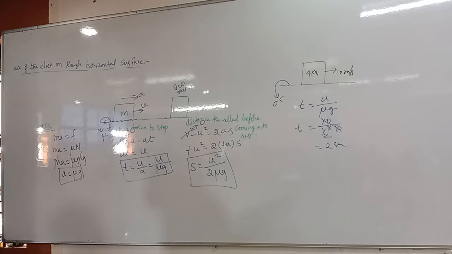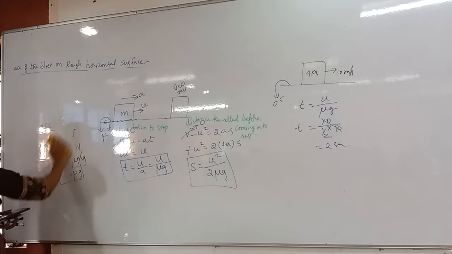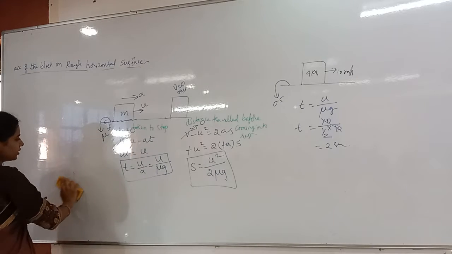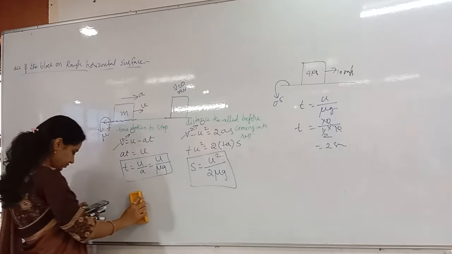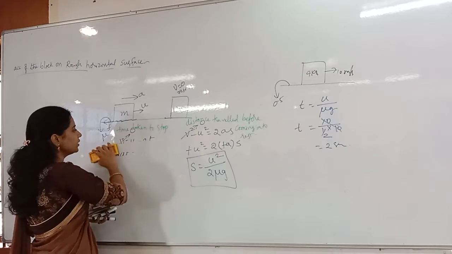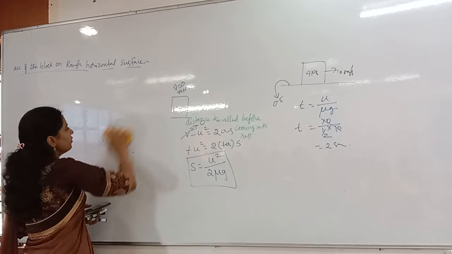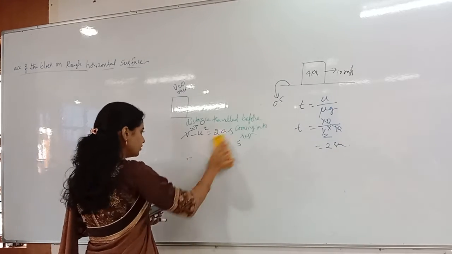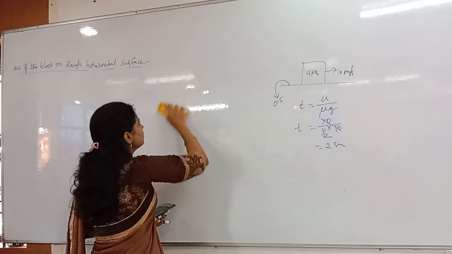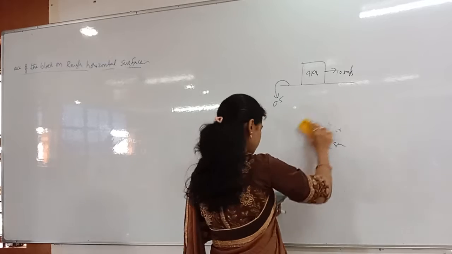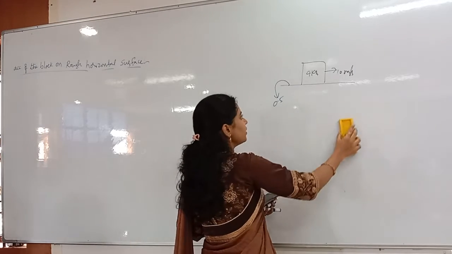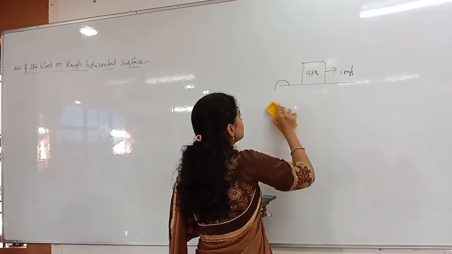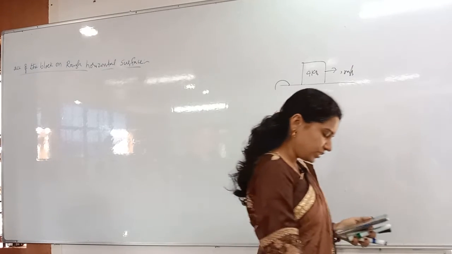A 4 kg block is given with a velocity of 20 meters per second, then find the distance traveled by it in 6 seconds.